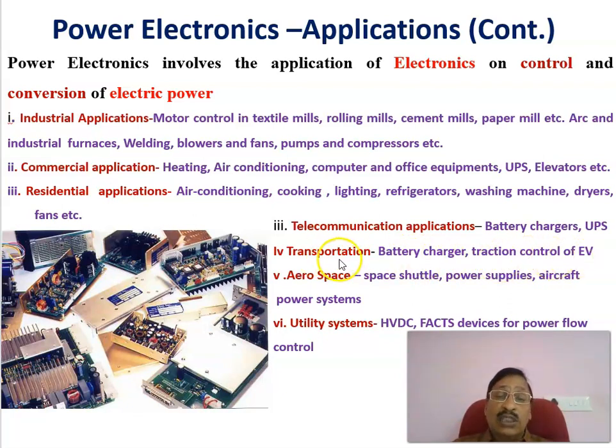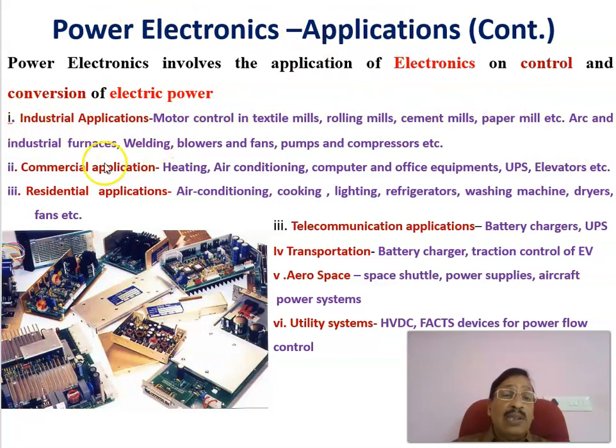Then aerospace applications: space shuttles and the power supplies for aircraft, etc. Then utility systems, like high voltage DC transmission systems and FACTS devices, flexible AC transmission system devices in the power system, used to enhance the power transfer capability. Everywhere in all these fields we are using power electronic devices and switches.